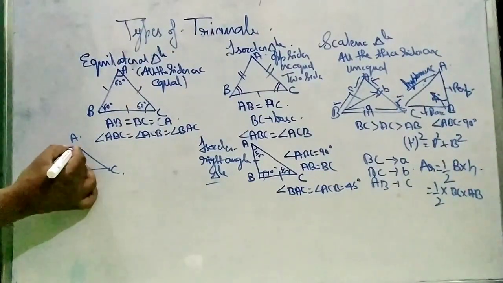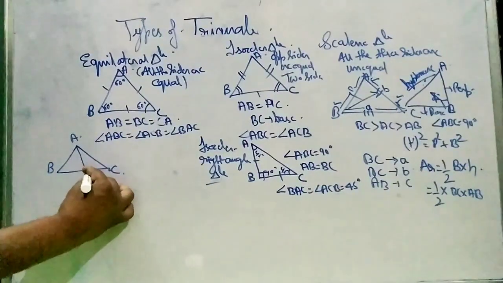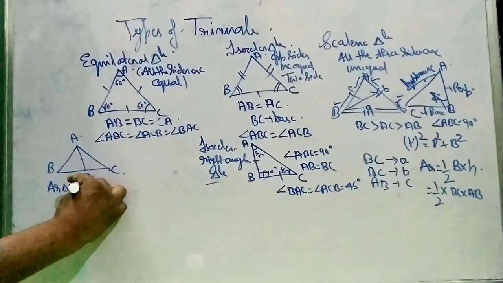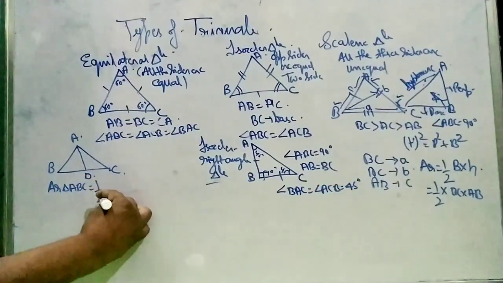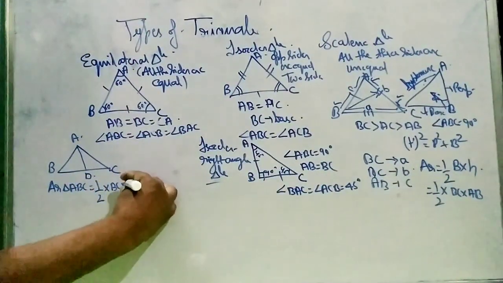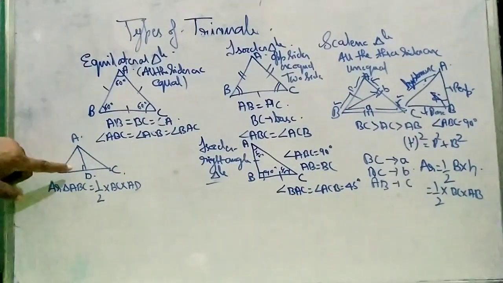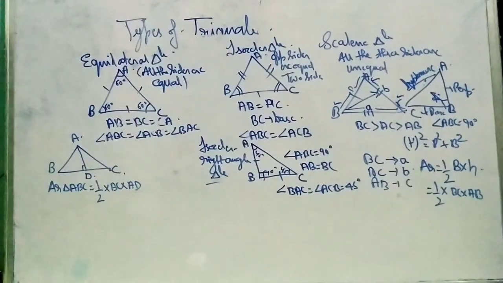If a perpendicular is dropped from here, AD, then the area of triangle ABC will be equal to half base into height, and the height is AD. Where the perpendicular meets from the vertex is called the height, and where it strikes is called the base.